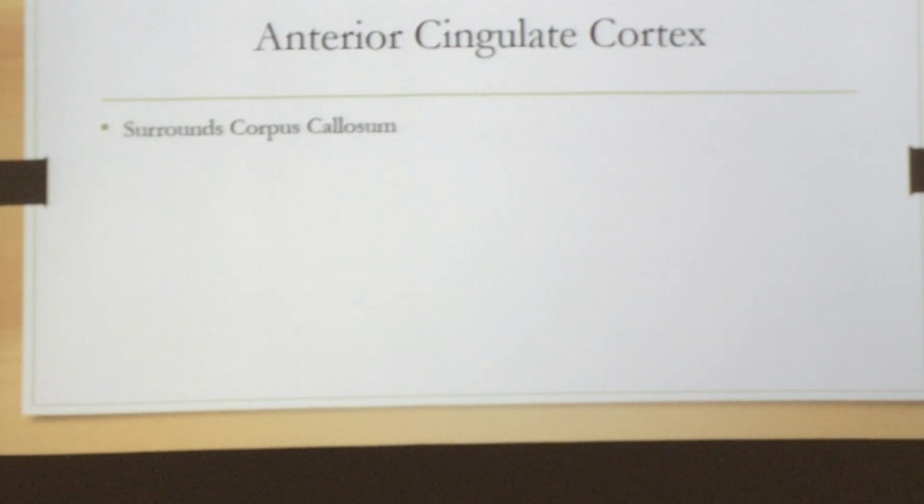You're going to have a movie next week, and one of the things the doctor is going to talk about is the anterior cingulate cortex. It surrounds the corpus callosum.